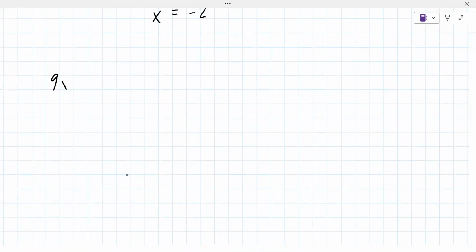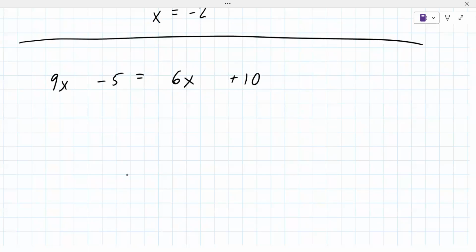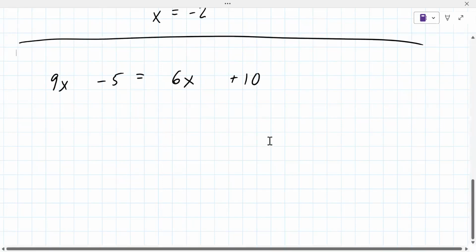Let's say it's 9x minus 5 equals 6x plus 10. Okay, go ahead and solve this for me, please. All right, so go ahead and work this one out.